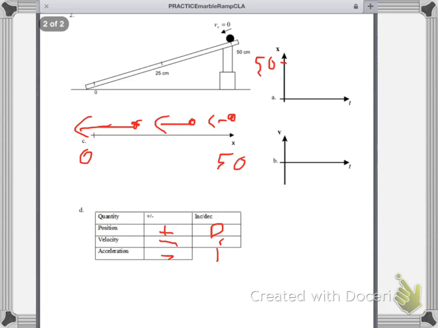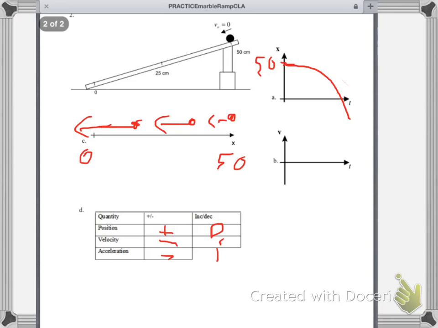Gradually, as this thing picks up speed, its velocity gets more and more negative, so the slope begins not changing a whole lot, and then it gets more and more negative, like so. I'll even make that a little more dramatic. These slopes will begin to change faster and faster as this object begins to speed up.